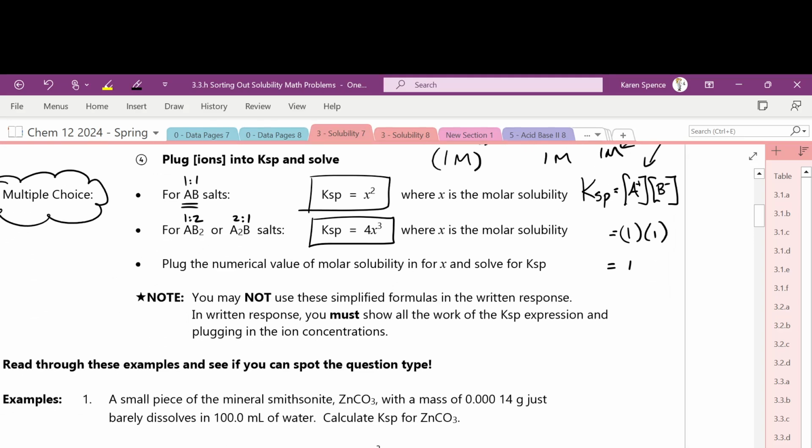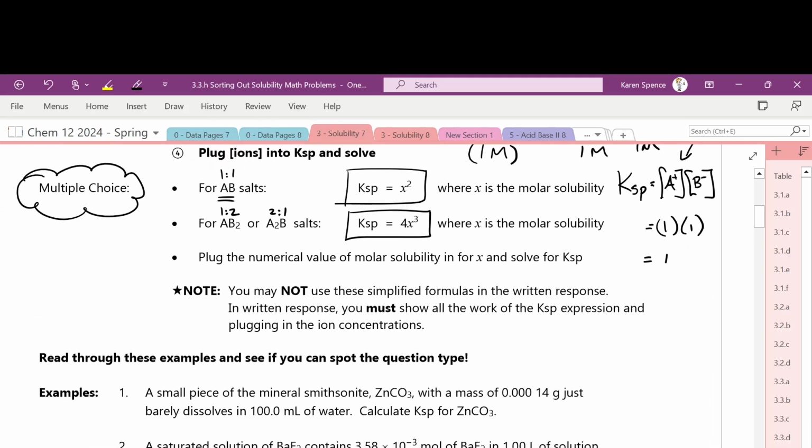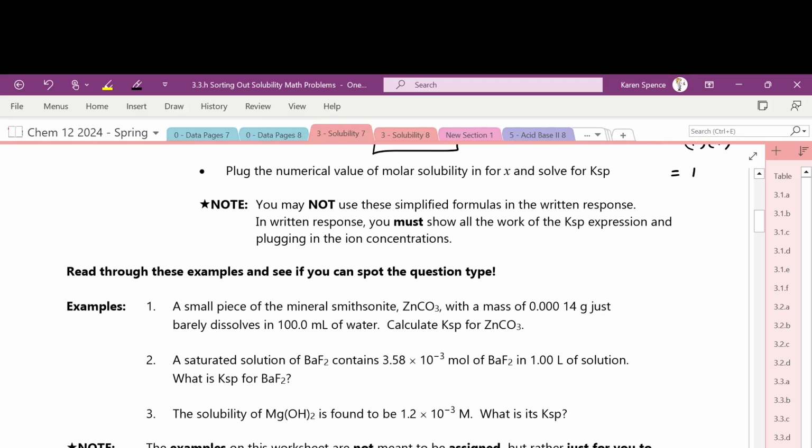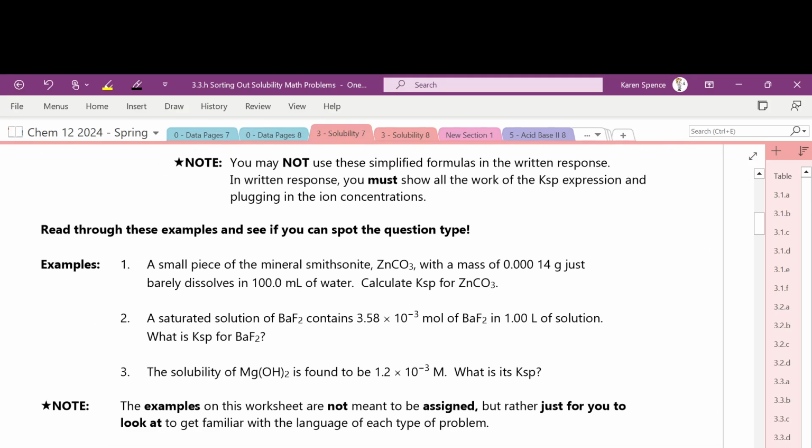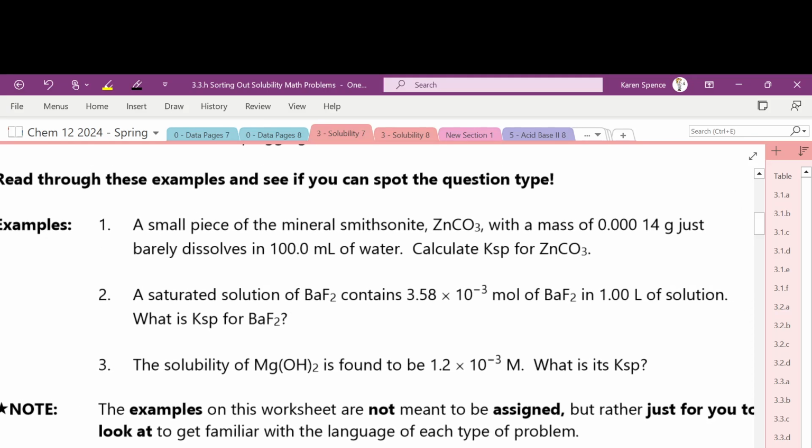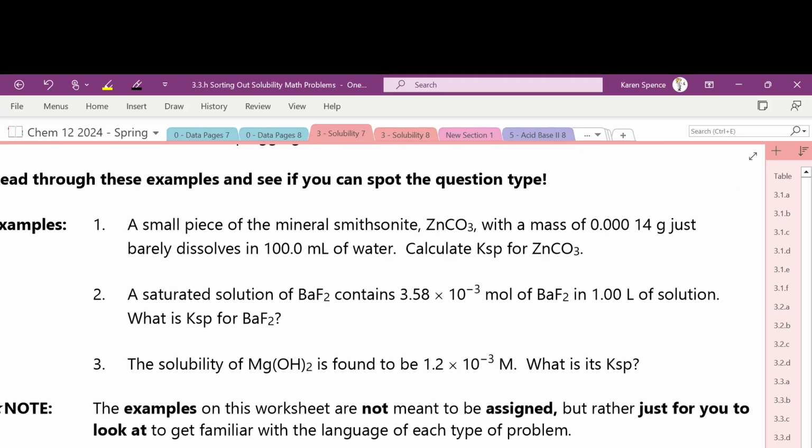So let's read through these examples and see if you can tell how this is given the solubility, find the KSP. Read through them. And it's maybe easier to read on your own sheet of paper rather than to try and squint up here at the small print, unless you've got really good eyes.